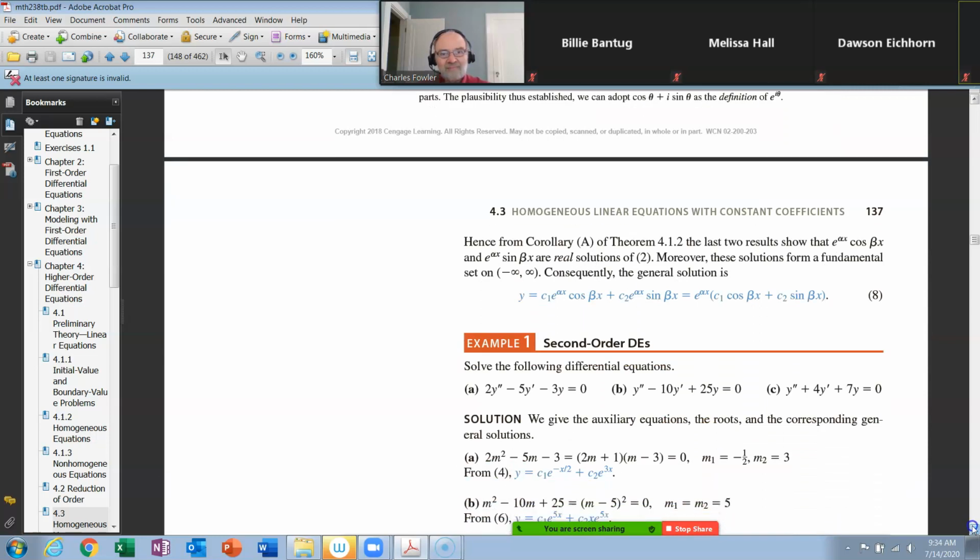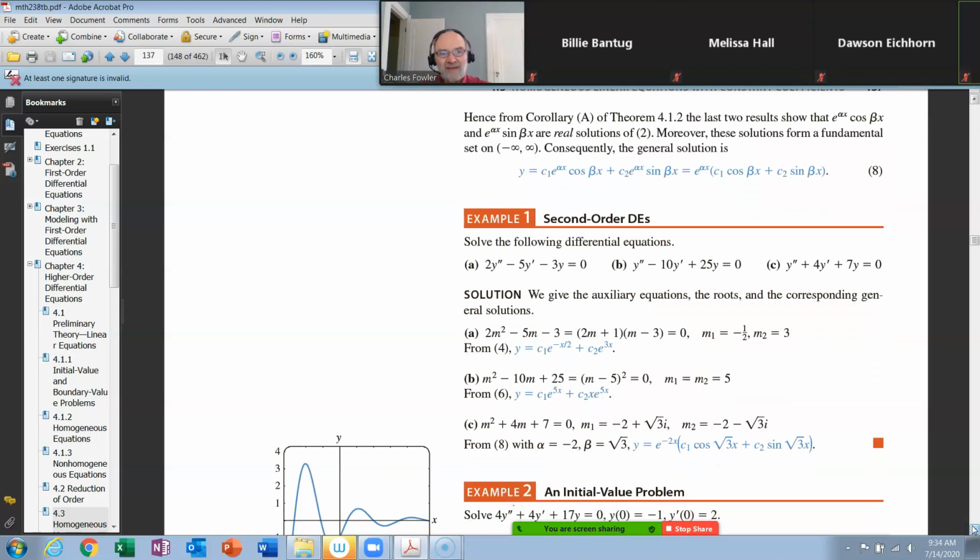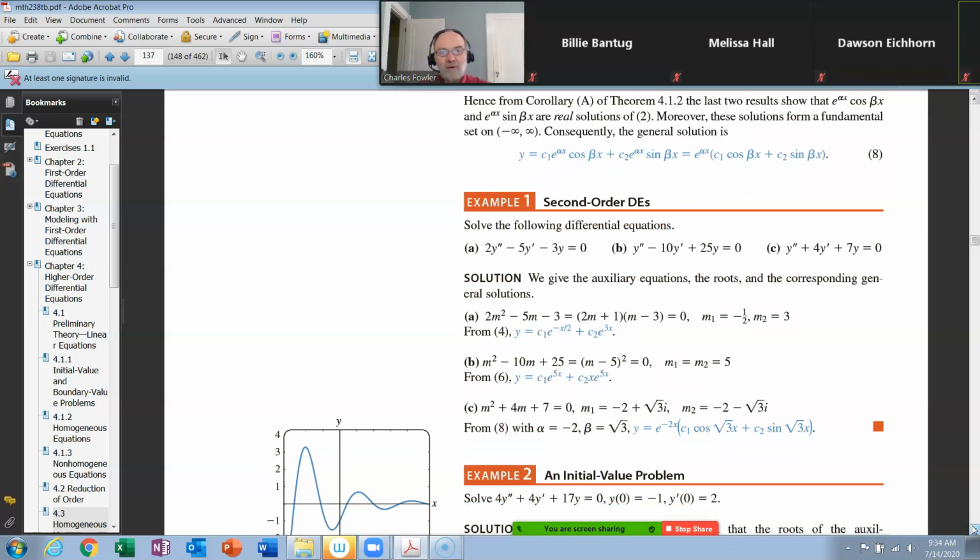Now, if you go back, not that far back, to corollary A to theorem 4.1.2, which is way back in 4.1, we're in 4.3 now. Go back and look at that.